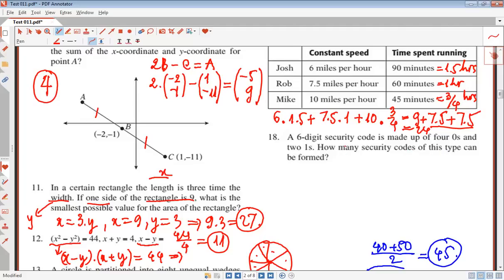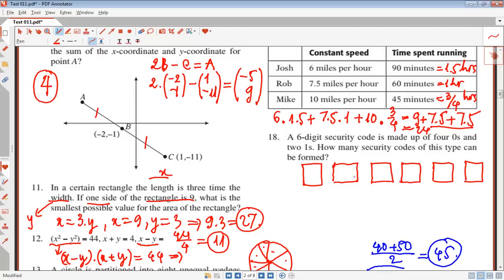To form a security code, we imagine it is a binary sequence, positions 1, 2, 3, 4, 5, 6.